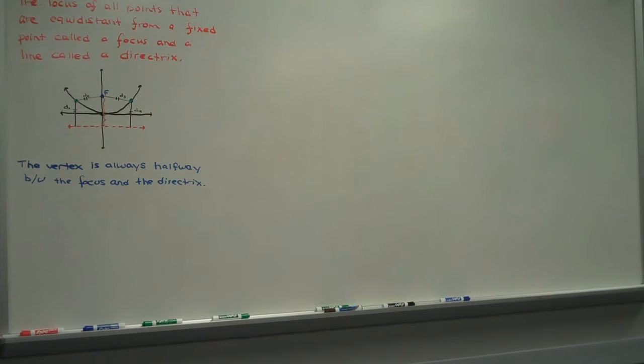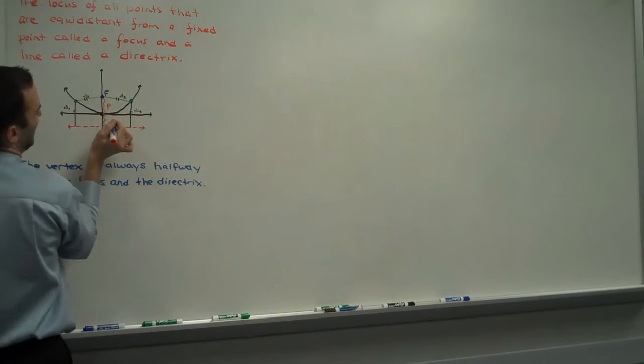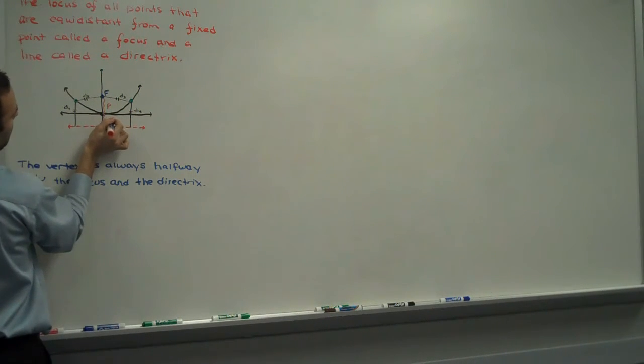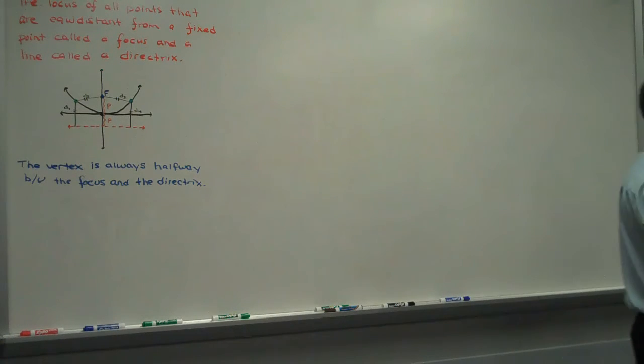Because if the vertex is the midpoint, then the distance from F to V, and from V to D, the directrix, has to be the same. That has a specific distance name, whose name is P. Why it's P, I have no idea. That's just the letter that they chose.